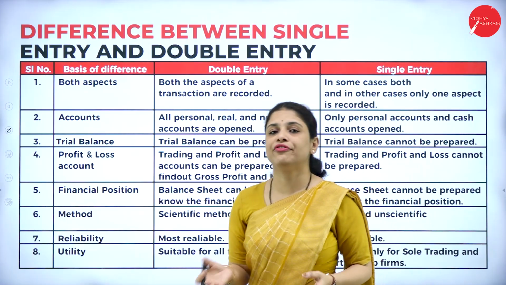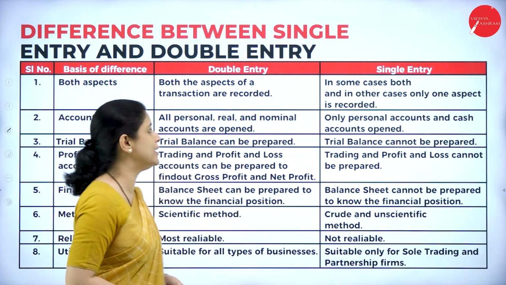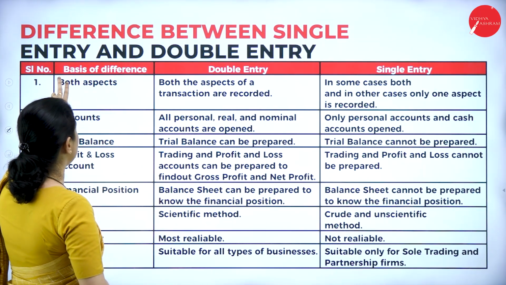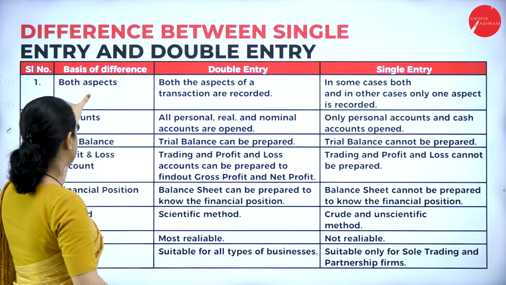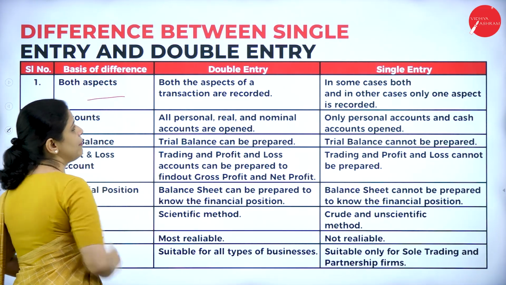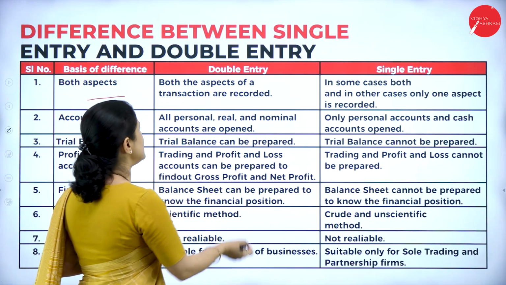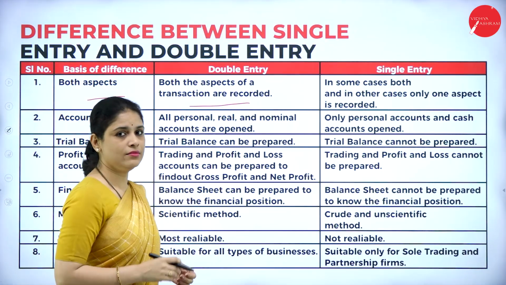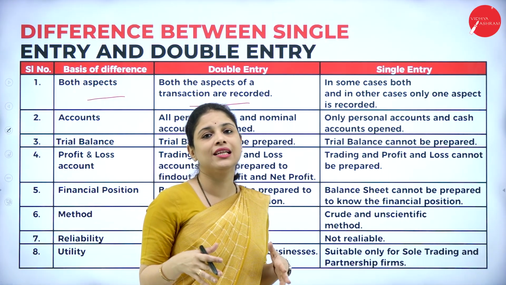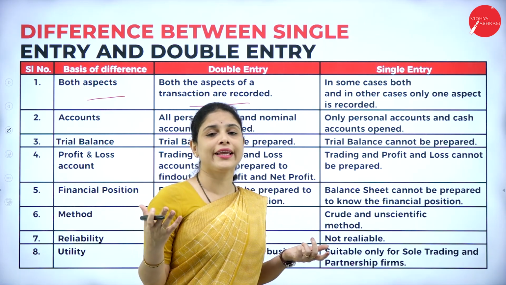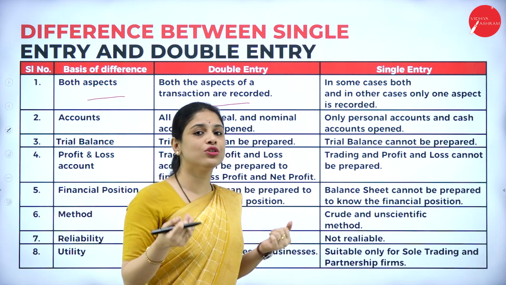Now let us see the differences between single entry system and double entry system. Here, we will see the basis of difference. The first one is both the aspects. In double entry system, both the aspects of business transactions are recorded. That means not only the personal account, cash book or bank account are recorded, but also the nominal accounts.